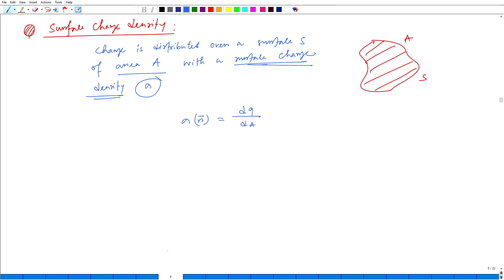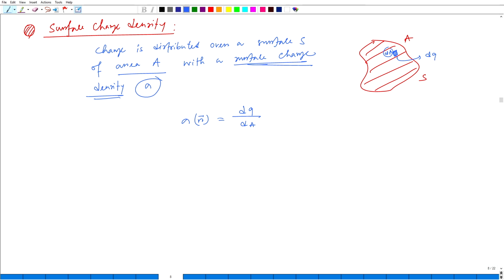Again, dq is the charge on a small strip, a small element, whose area is dA. It is a 2D element, the area of this element is dA and the charge is dq.